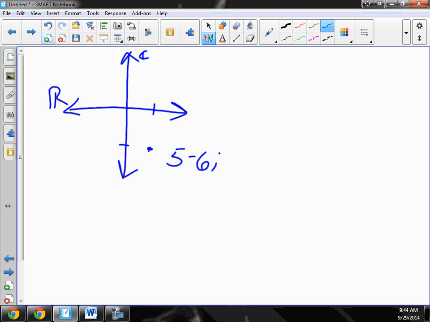But that's a complex number plane. And you can see that if all of the real numbers are on this line and all of the complex numbers are here, are there more real numbers or more complex numbers? All real numbers technically are complex, but there are far more numbers with i's in them than there are real numbers.